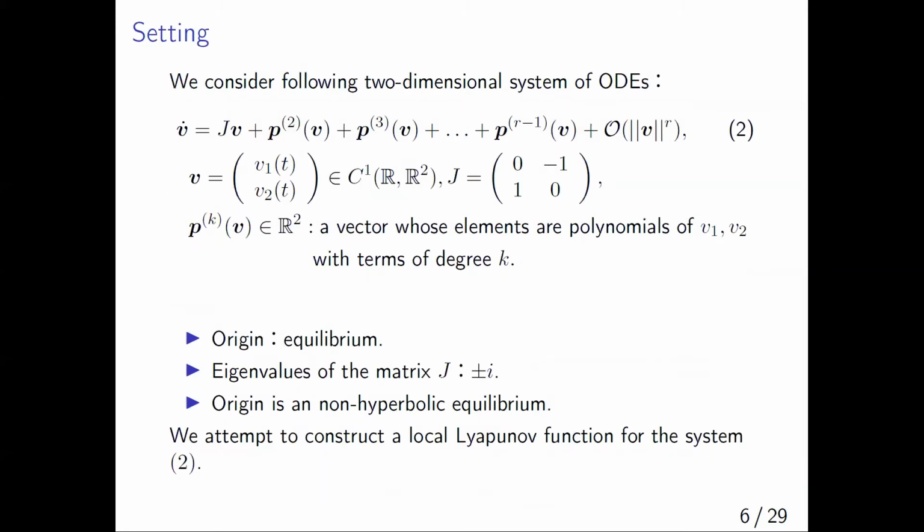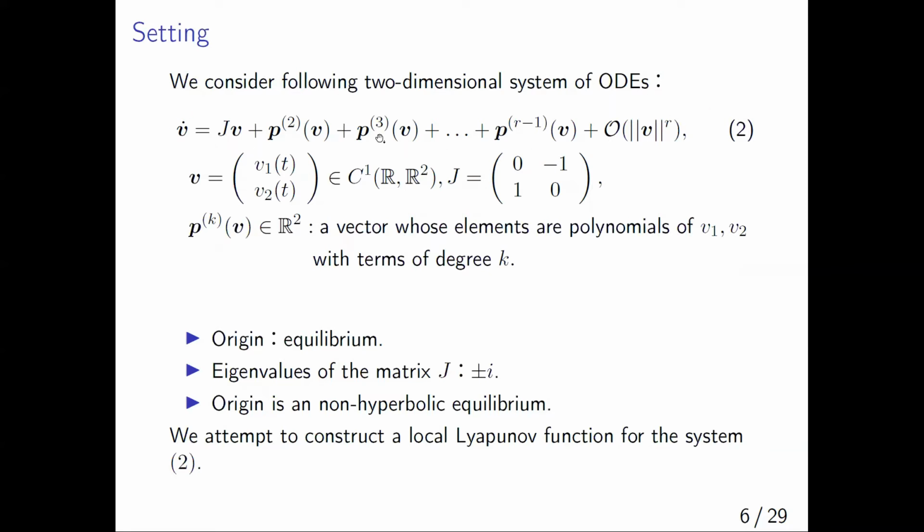In this talk, we consider the following two-dimensional system of ODEs. This system, where V is a two-dimensional vector, J is this matrix, and Pk is a vector whose elements are polynomials of V1, V2 with terms of degree k.